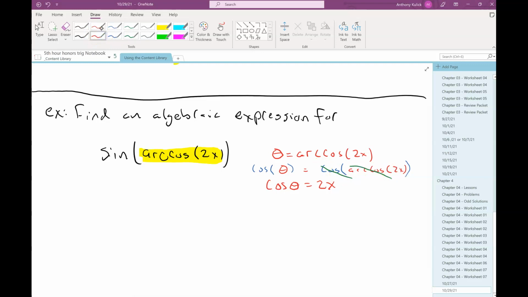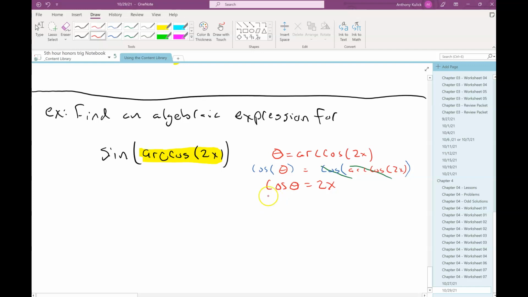Because 2x isn't really an angle measure that we can see, because it has a variable in it, I don't have to worry about what we had in the previous problem, where this has to be inside of a specific range. I don't have to worry about it because x is a variable, so it's fine. Is that okay? Yeah. Okay.